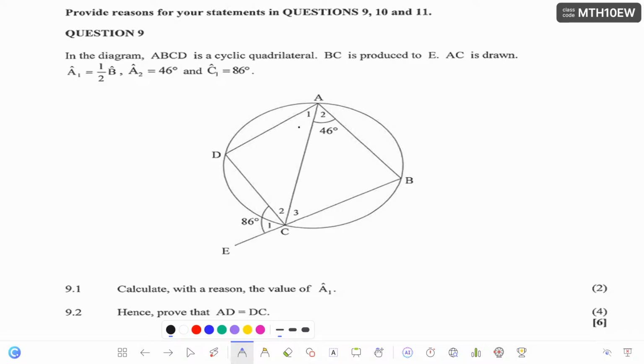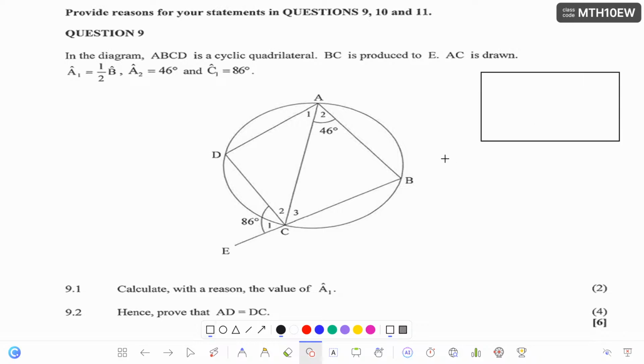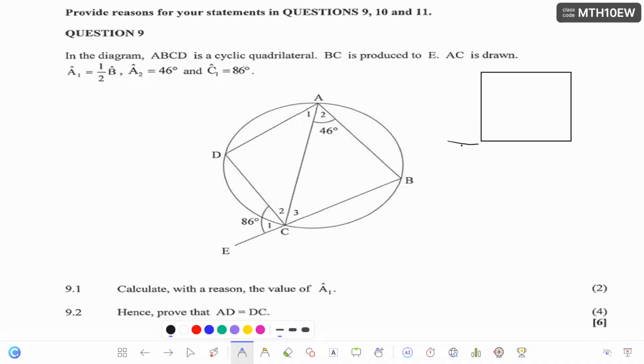It's A1. Okay, here we need to know the properties of a cyclic quadrilateral. Especially in this form, we have this angle that we know, which is 86 degree.